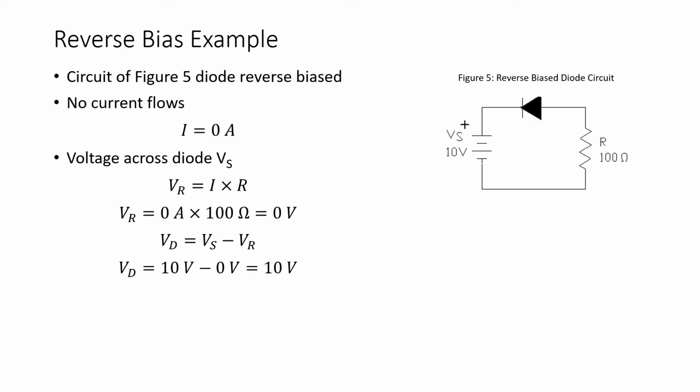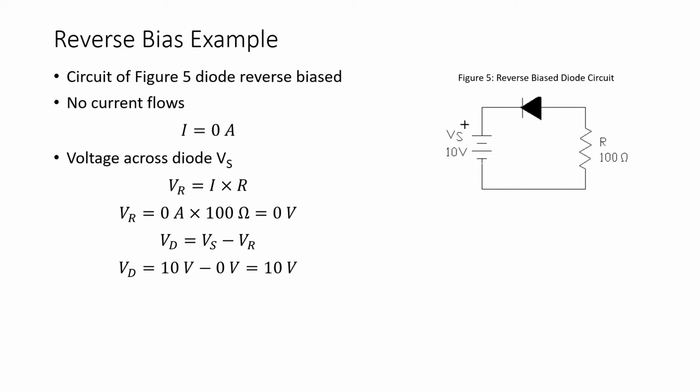So let's look at an example of a reverse bias diode circuit. Figure 5 shows us a circuit with the positive potential of Vs connected to the cathode of the diode and the negative terminal connected through the resistor to the anode of the diode. So this diode will be reverse biased.